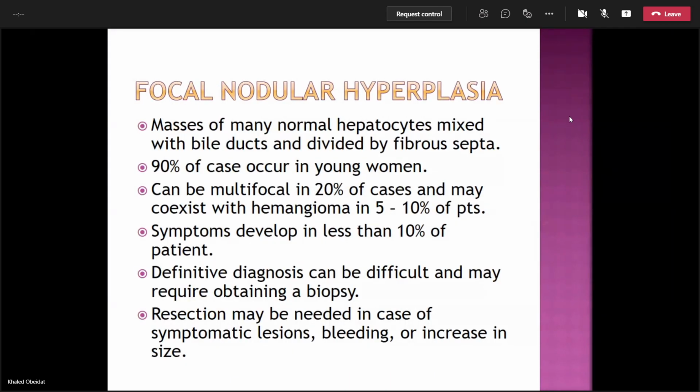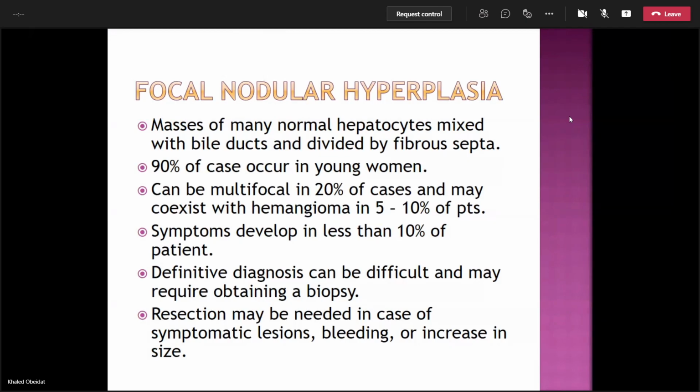Focal nodular hyperplasia is similar to adenoma in that it contains normal looking liver cells or hepatocytes, but here the difference is that they contain bile ducts and portal triads in these tumors, and they have a central fibrous septation, which we call the central scar. There are fibrous septa between the tumor cells, and in the middle there's what we call the central scar.